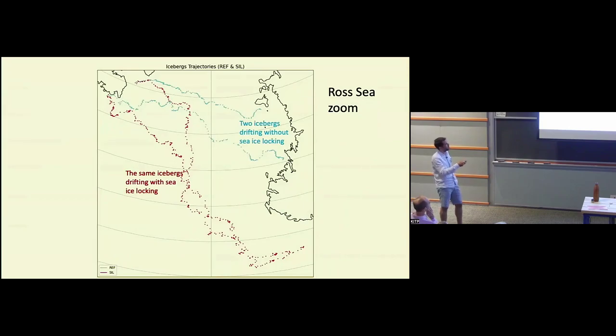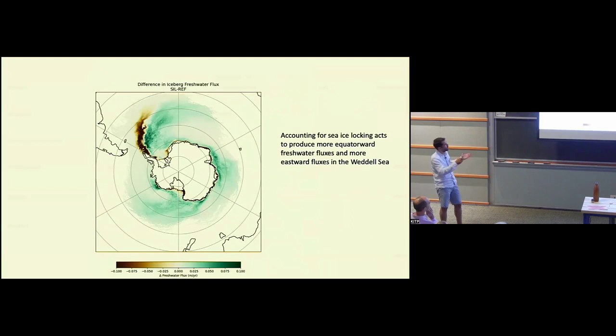And this is interesting because it means that also the freshwater fluxes between the no locking versus the locking simulation are going to be very different, much more equatorward freshwater fluxes due to the fact that this sea ice is transporting the iceberg, and also probably a lot of changes in the Weddell gyre here.